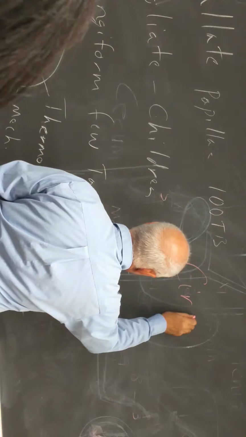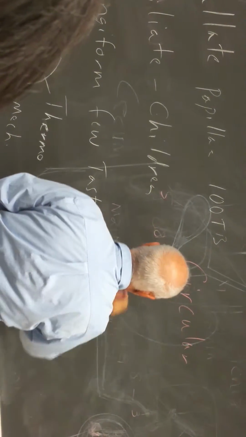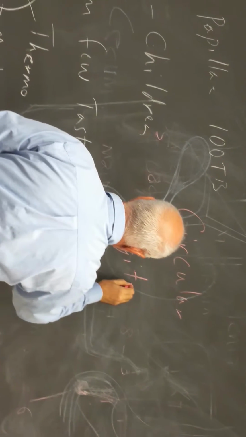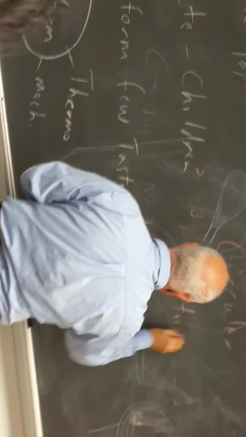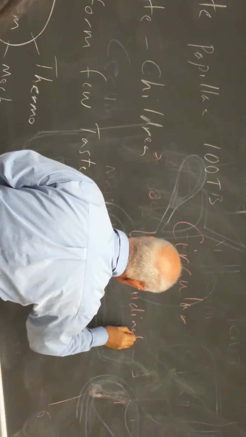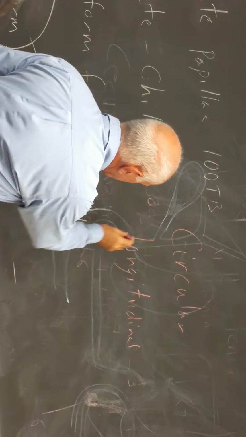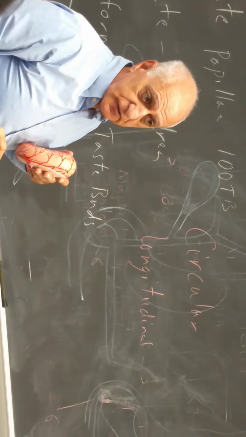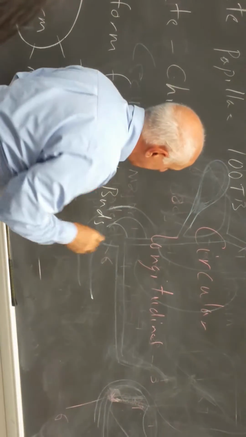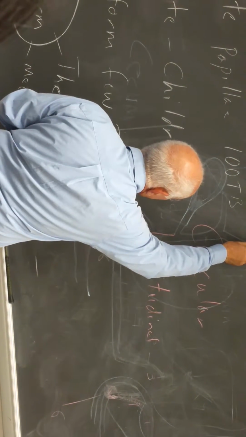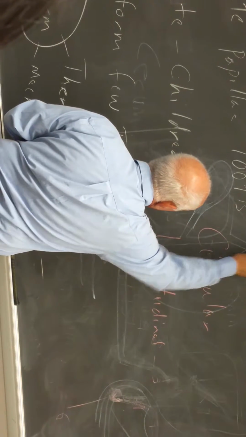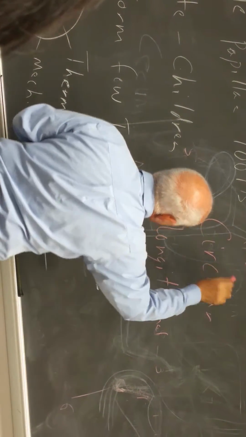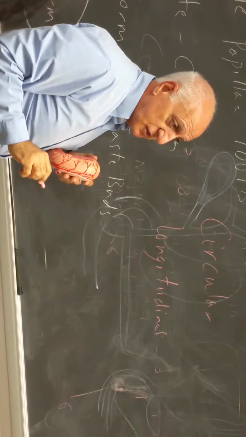So circular is inner, and longitudinal is outer. That's in the small intestine. In the stomach, you have to add the innermost, and the innermost is the oblique layer. So the oblique layer would be the innermost layer in the stomach.